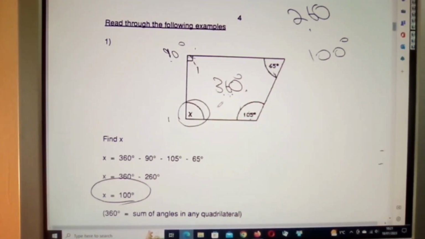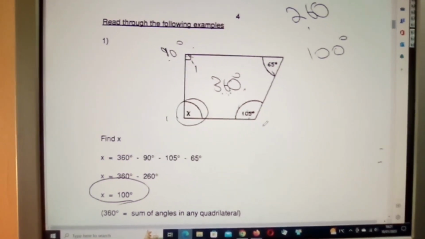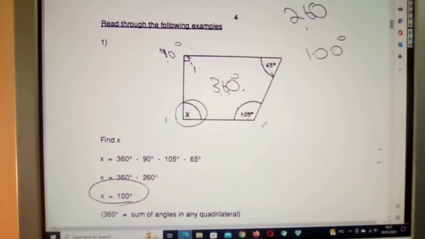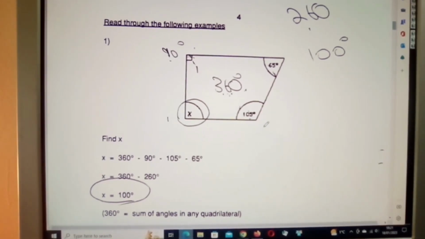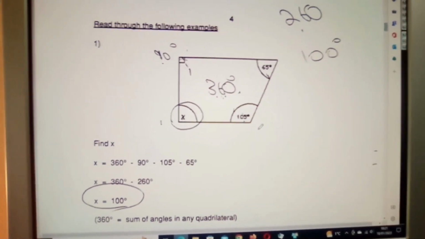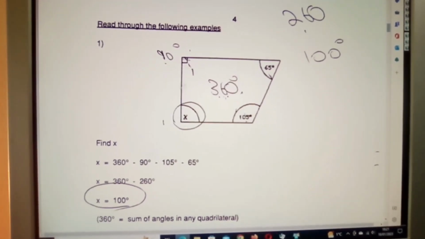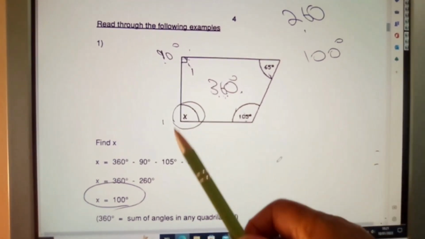Now read through the following examples. What I want you to do is keep in mind the following example as to what makes up the angles. And here we have to look at finding x.